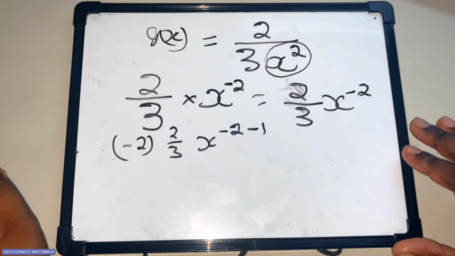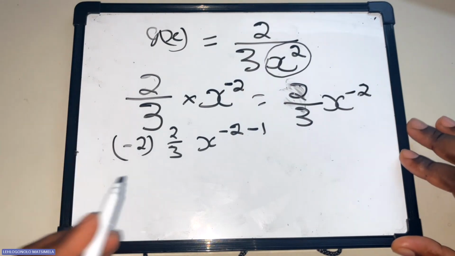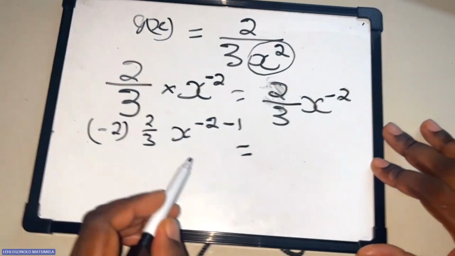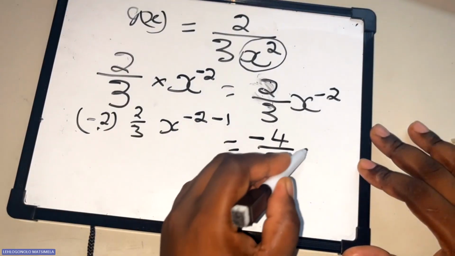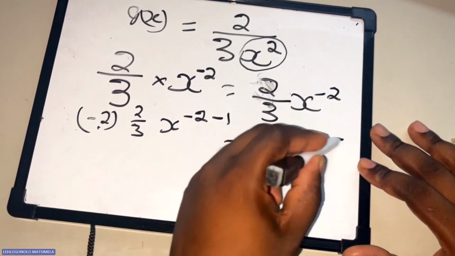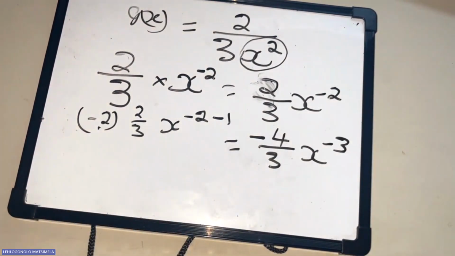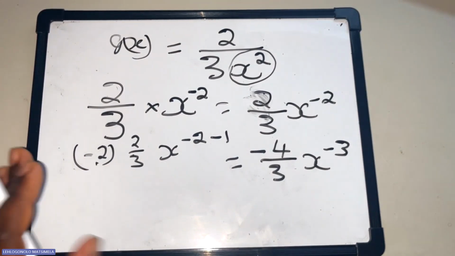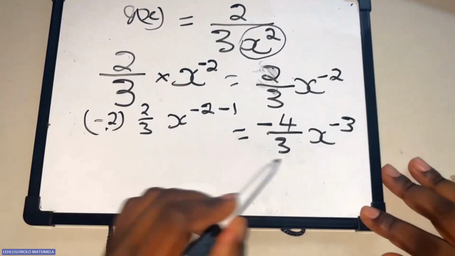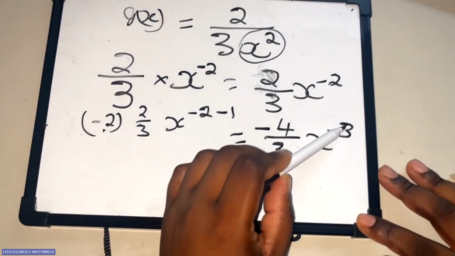And then going further, what do we have? Mathematical simplification. Then it's going to be equal to minus 4 over 3, x to the power of negative 3. So which means I'm done deriving. The derivative now is done. What do I do? Take it back into positive exponent. Then how do I get rid of x to the power negative 3?